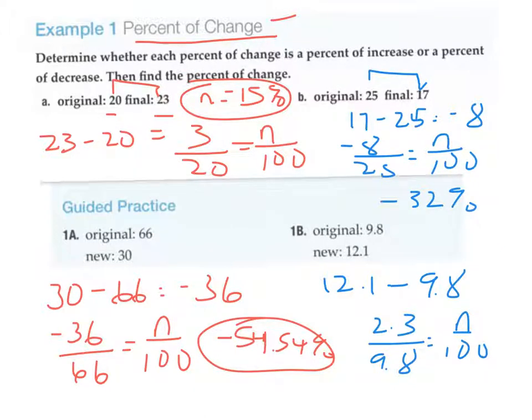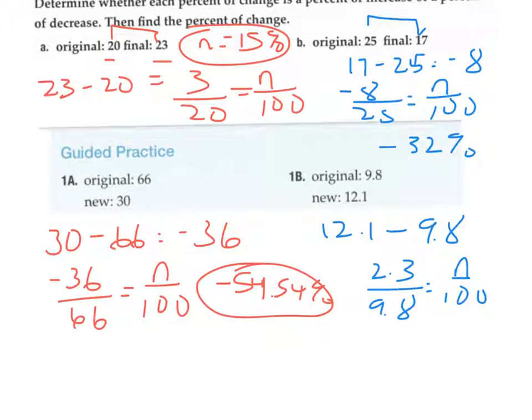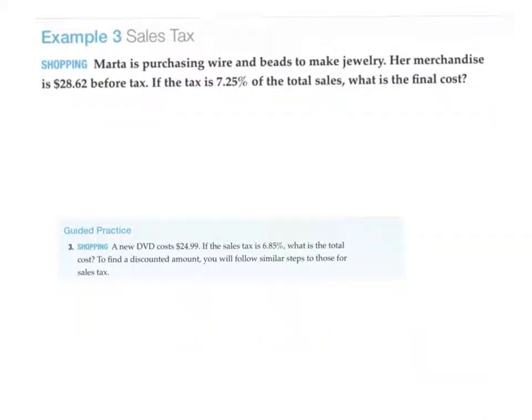So if I take 2.3 and multiply it by 100, and then divide it by 9.8, I get my percent increase in this case, a percent increase of 23.47%.